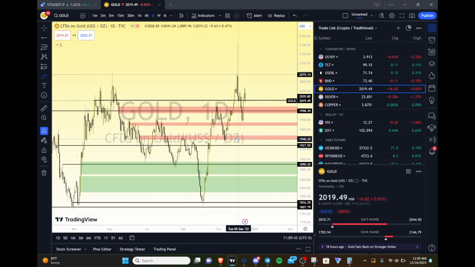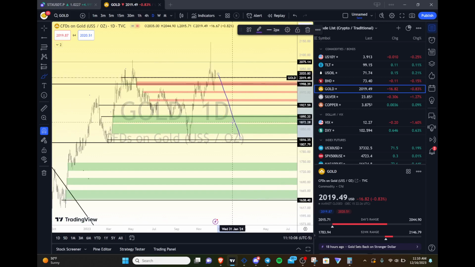And what you'll see when we go over the Bitcoin chart is a lot of the bearish players in the markets, both in crypto and equities, have really been lackluster when it comes to bearish continuation. So I actually don't really have much faith that the bears or the bearish actors in this market will be able to push price down for some sort of bear market continuation on gold.